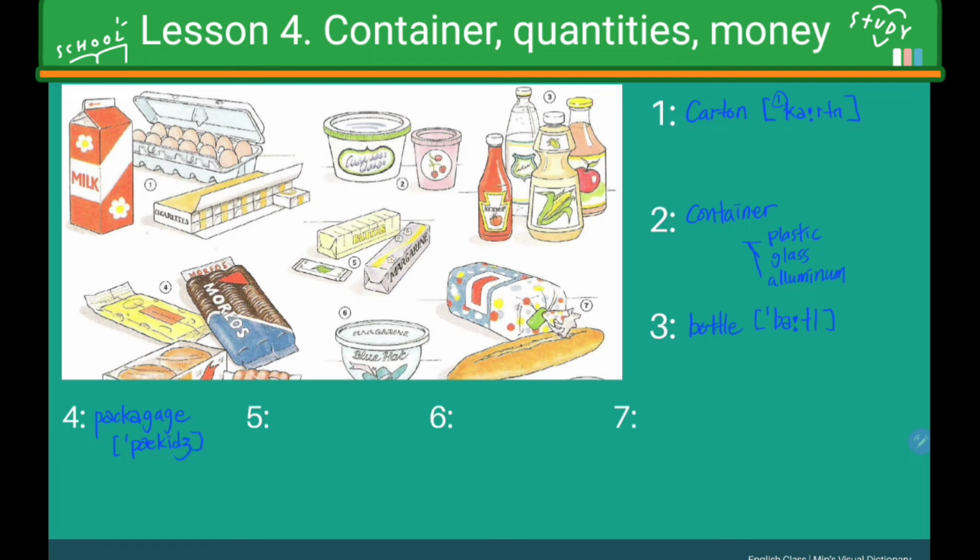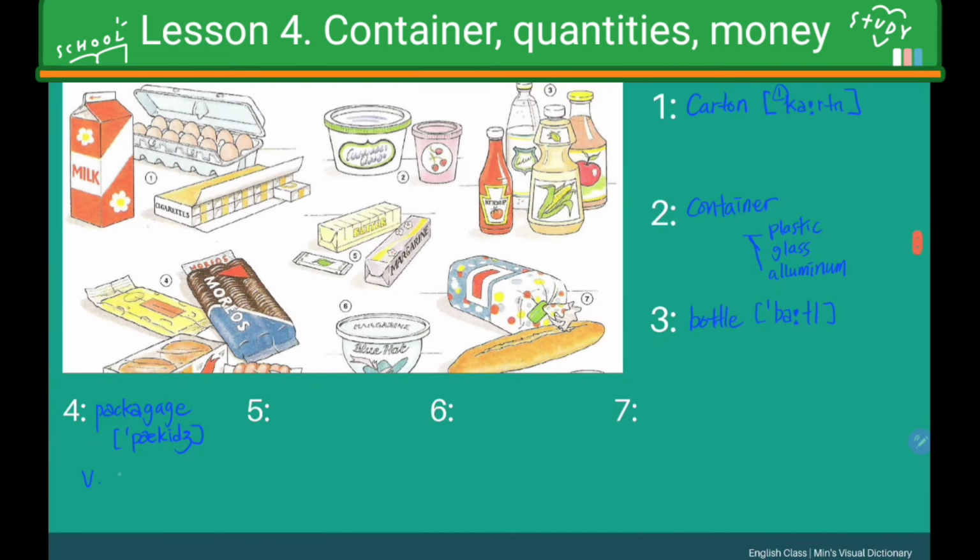So it's pa, that's the first syllable, and the stress is also on the first syllable. The next syllable is ki, and the last syllable is g. So it's package, package. Okay?